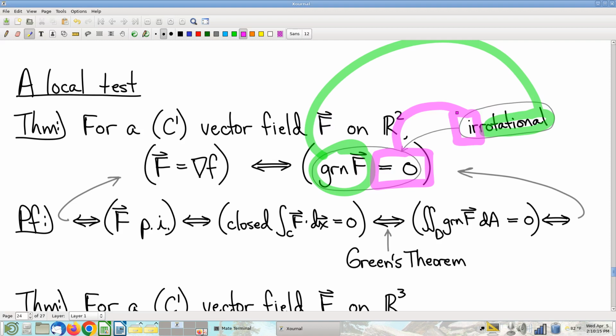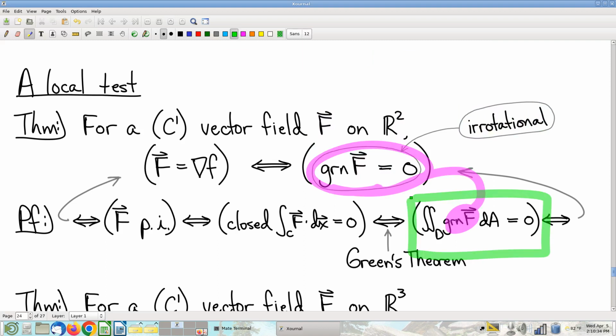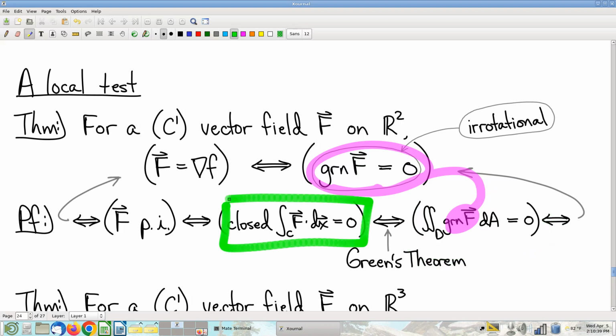Everybody with me? Can you just explain again why it intuitively makes sense that the Green's operator being 0 would represent the vector field being a gradient? Well, there are several steps in that process. If this operator is 0, that would tell me that these line integrals are always 0 because, of course, the double integral of Green's operator is just a closed line integral around the boundary.